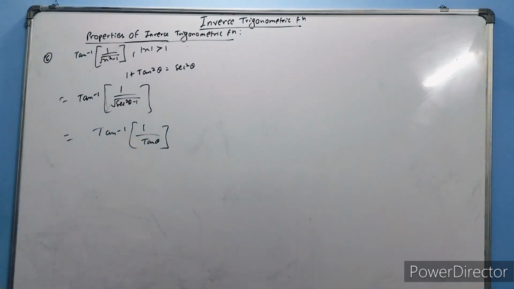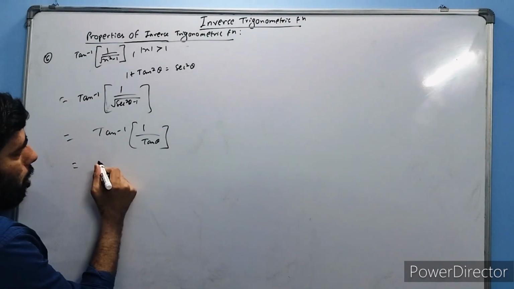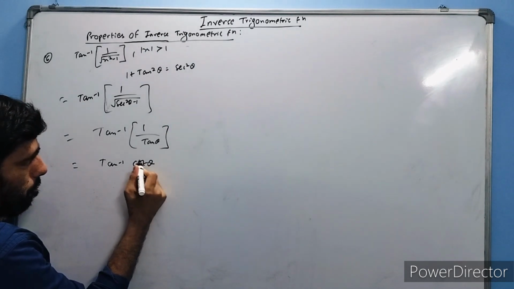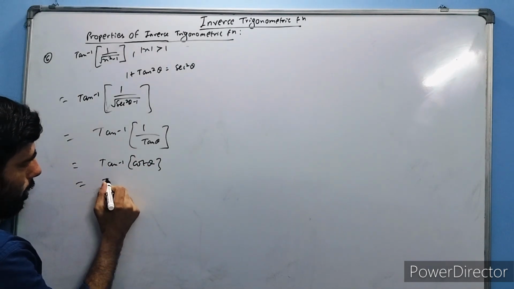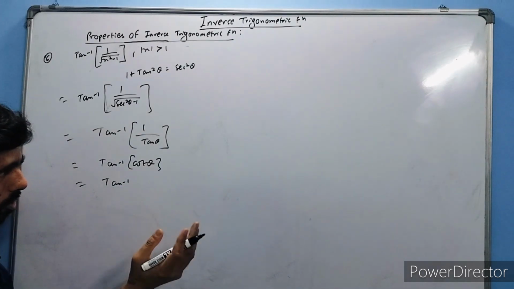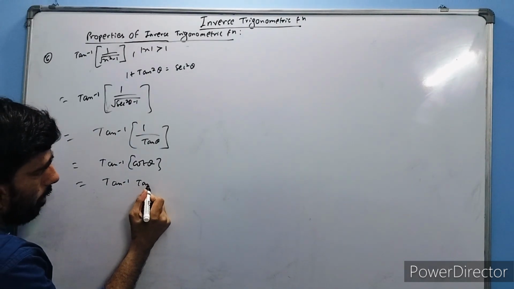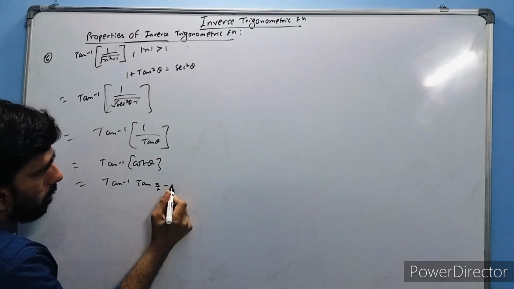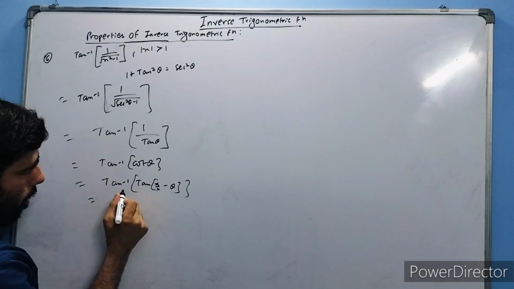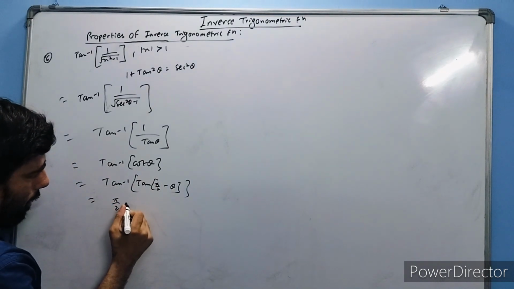Now we have 1 upon tan theta, which is cot theta, so tan inverse of cot theta. We know tan of 90 minus theta is cot theta, so it will be pi by 2 minus theta.